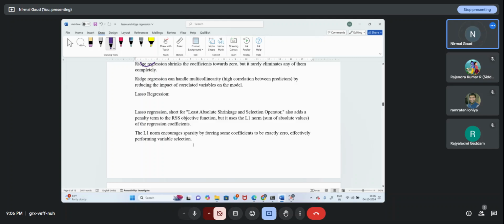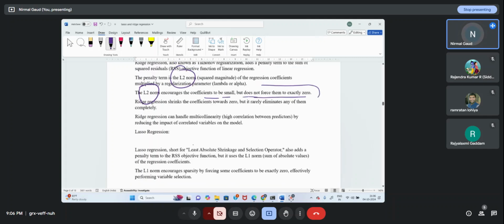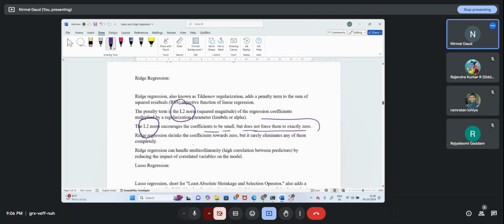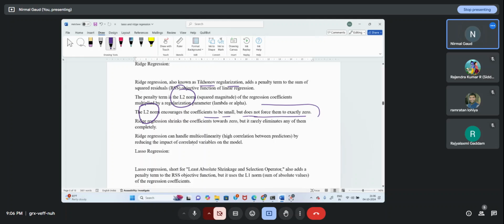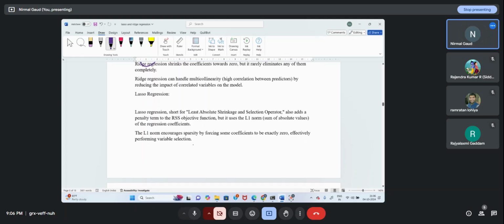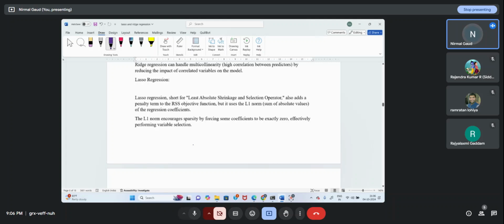However, Lasso. Ridge regression is also known as Tikhonov regularization; there is a name for it. L1, Lasso, its name is Least Absolute Shrinkage and Selection Operator.